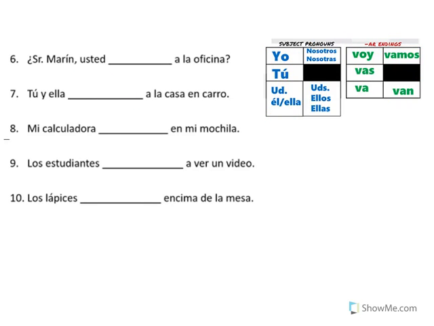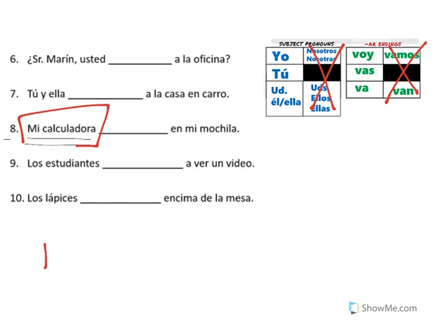Número 8. Mi calculadora. Okay, here's the problem. Mi calculadora is a thing. Nothing here is a thing, which means that it's going to be hard to find the verb here. But it's not that hard. Mi calculadora is one calculator. Okay, well, these are used for multiple.